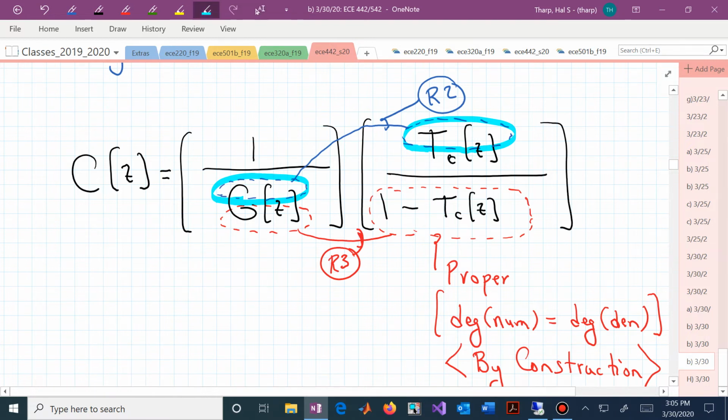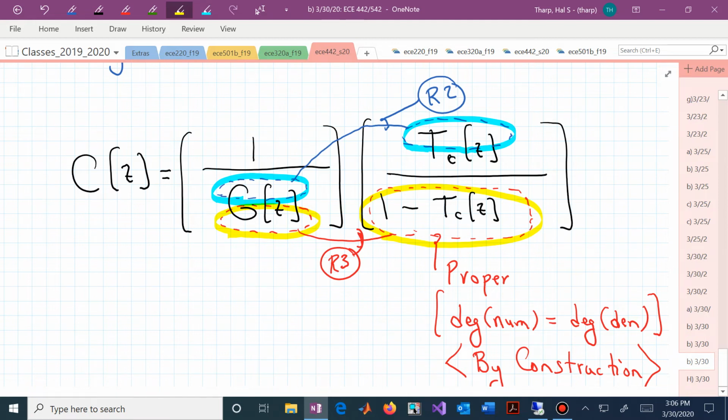And that's also why restriction 3 is concerned with keeping our unstable pole factors in the plant out of our controller C of z, and we do that by canceling them in the build of our controller C of z by forcing 1 minus t sub c of z to be 0 when z is equal to the unstable poles in G of z.